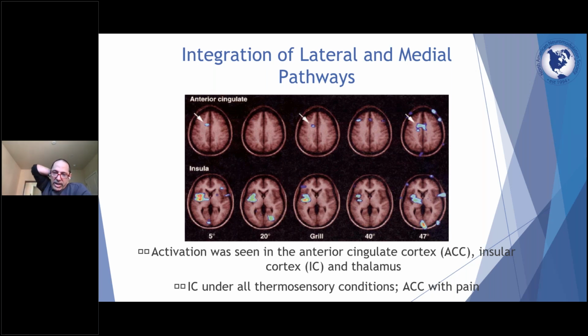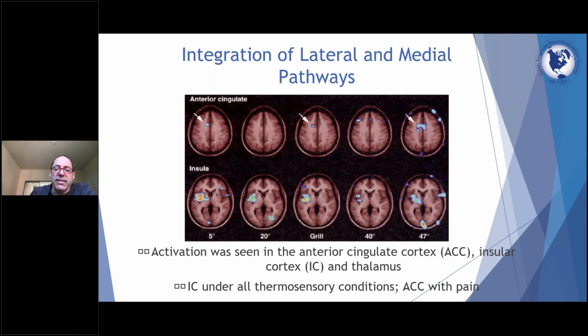And when you do functional imaging of this phenomenon, what you see is that the insula is activated under all temperature conditions, including the grill, whereas only those conditions where the patient reports pain do you see activation in the anterior cingulate cortex.